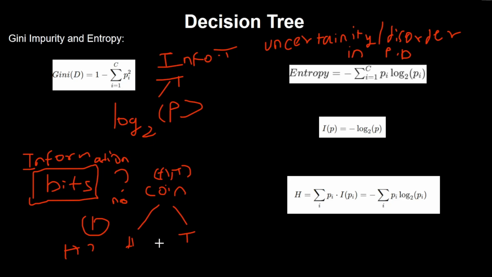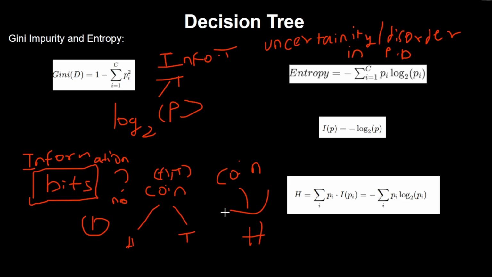That's what information is here, measured in bits. It is 1 bit because we need to ask one question. If the coin were 100% biased, only giving heads, then we need no information, so the bits will be 0.